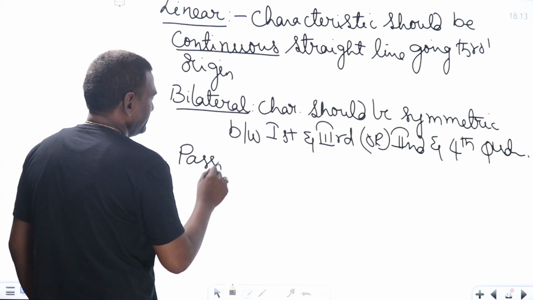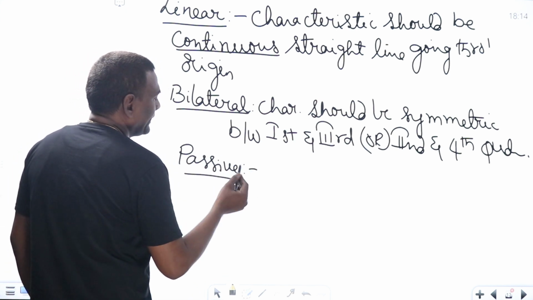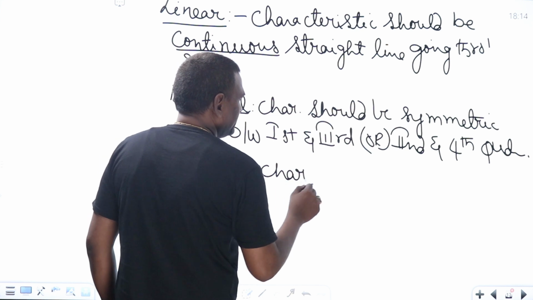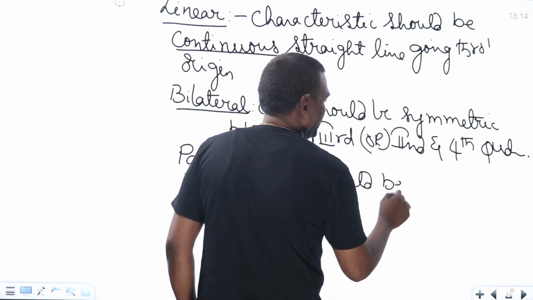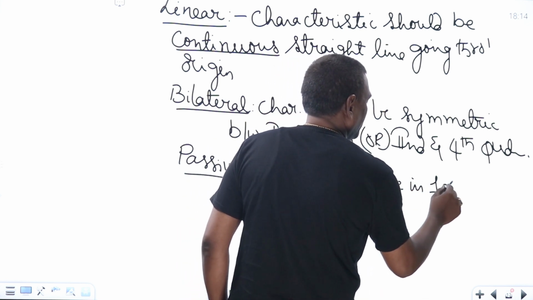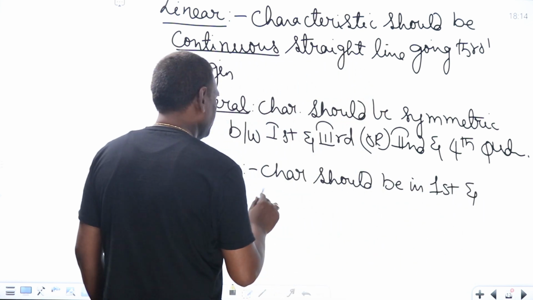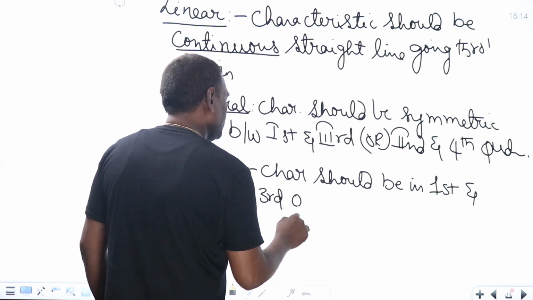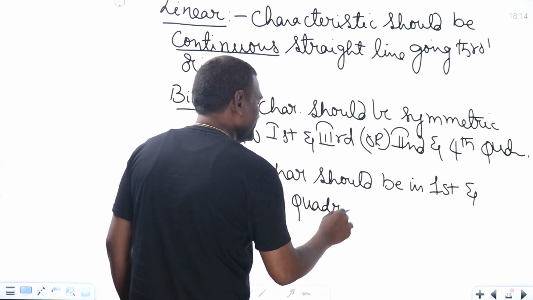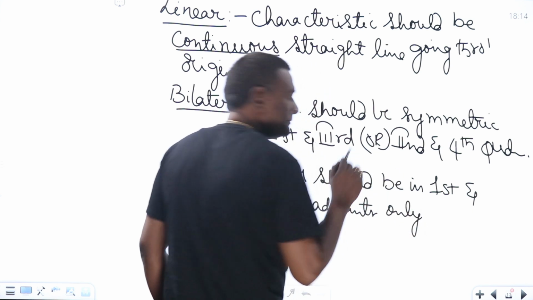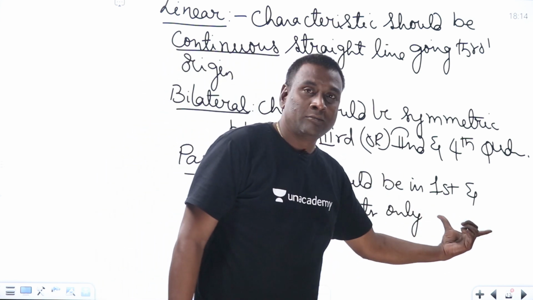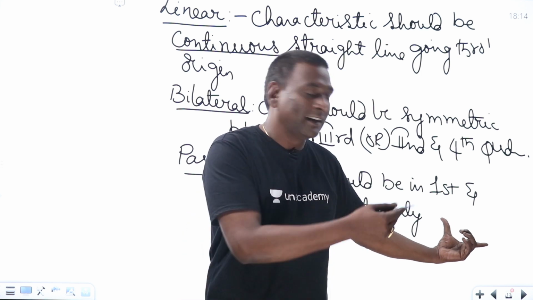Passive, meaning that the characteristic should be in first and third quadrants only. And I'm going to add a few more words for this at the end of this session.